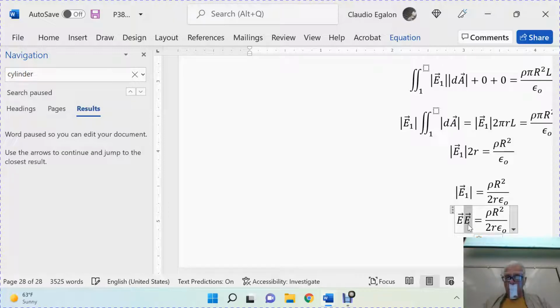Now the r hat. Interesting, it doesn't put the hat there.